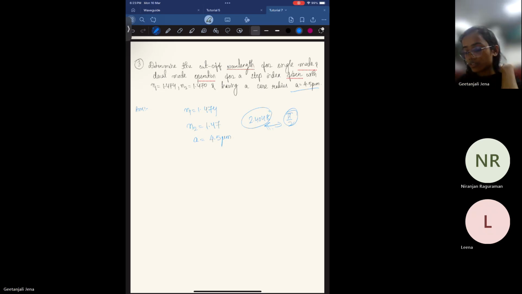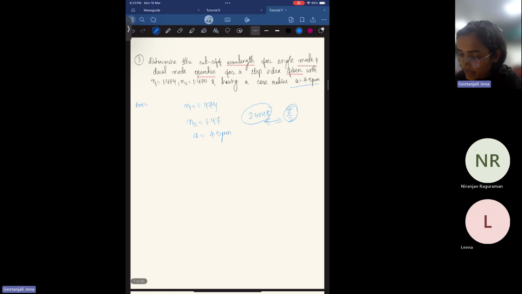Okay. So for this one, for the fiber, for the single mode operation, V should be less than 2.4048. So single mode means it will allow only the LP01 mode to be guided inside the fiber. So just use the expression for V, which is 2 pi over lambda 0 A square root n1 square minus n2 square, which should be less than 2.4048.